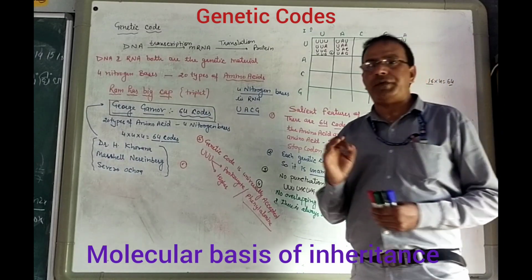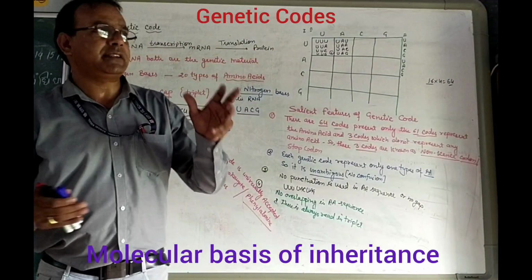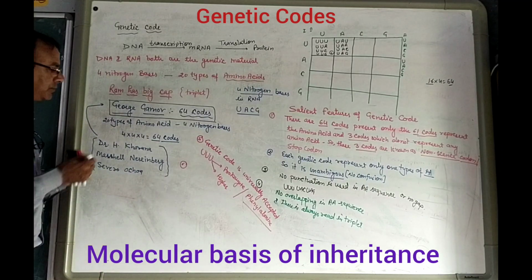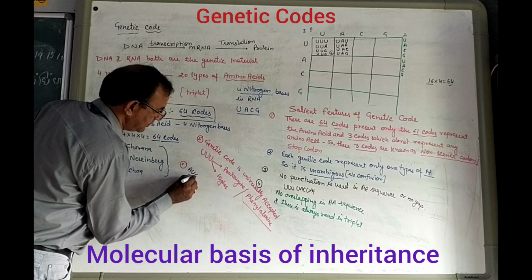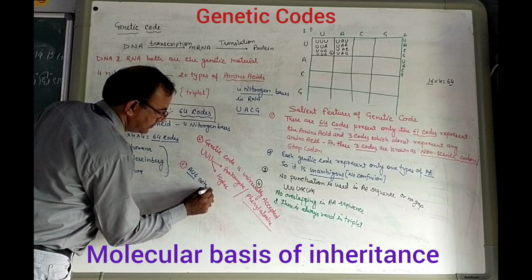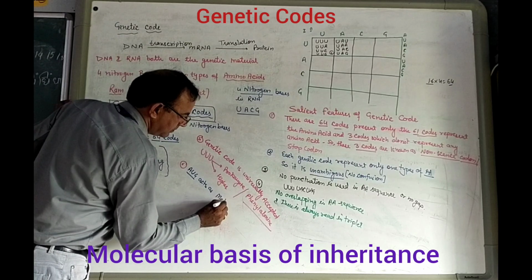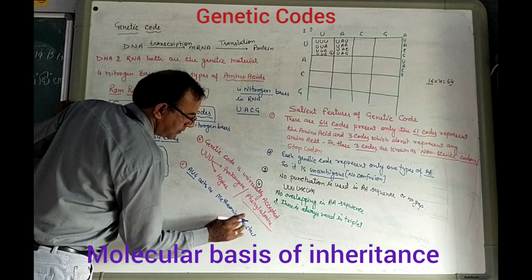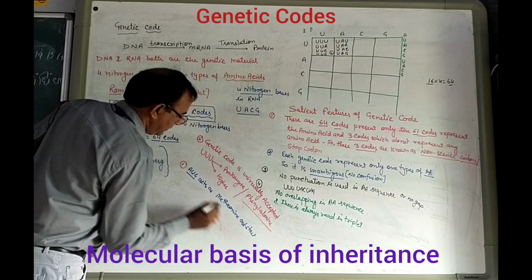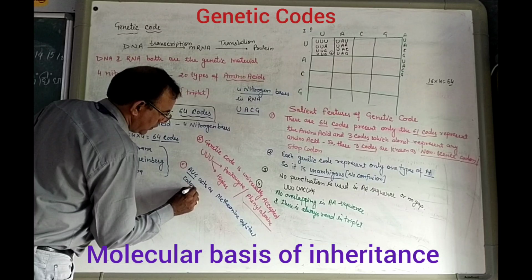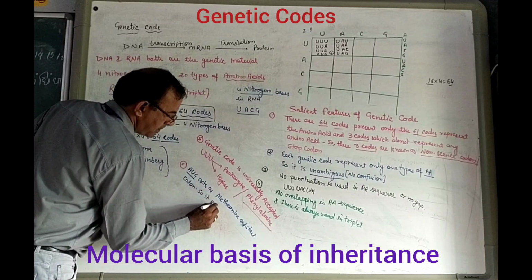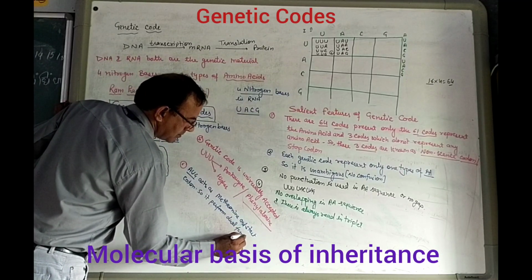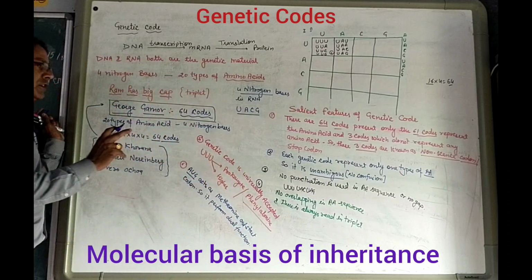AUG is the genetic code which functions dually. It acts as the methionine amino acid as well as the start codon. The site from where mRNA starts to change into protein is known as the start codon, or initiator codon.